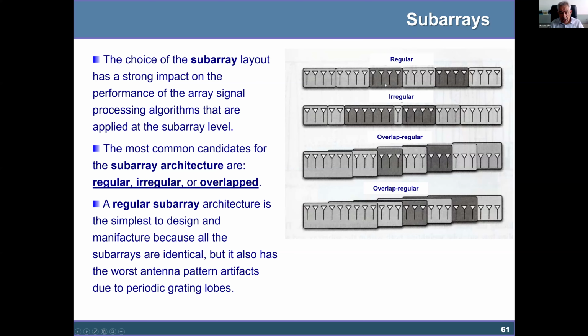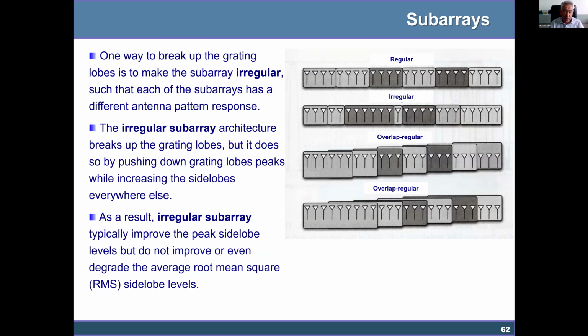And then they can be non-overlapping or overlapping. And sometimes we tolerate a certain overlap because this basically allows us to improve the performance of the processing. I don't have time to enter into these details, but this is what is typically done.